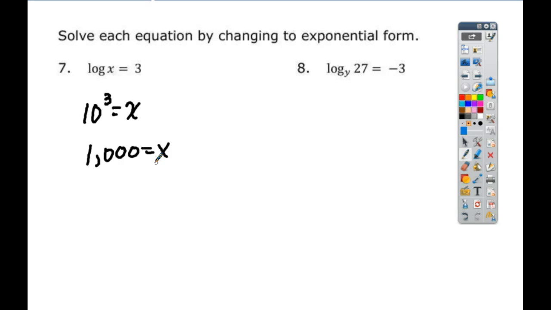Okay, number 8. How many logs? So what do I have to do? If I do the circle, this is what I get. Now what do I do?